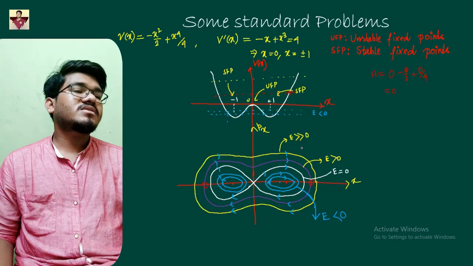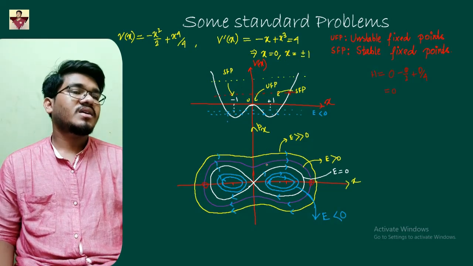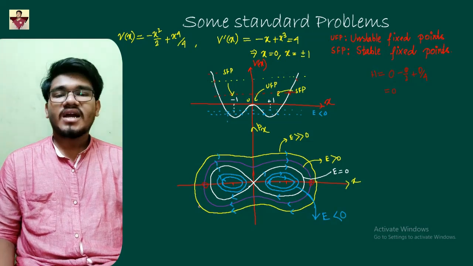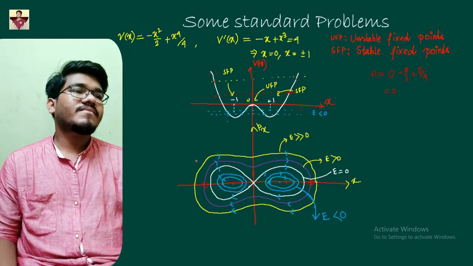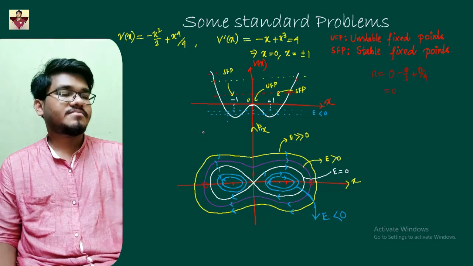Now this yellow line is the curve corresponding to energy which is much greater than 0. And obviously it will cut the curve somewhere here and here. At this point the momentum will be 0 and the curve will look like this. So this is a very interesting curve. You need to know the stable and unstable fixed points, and there is no need to relate p and x with the Hamiltonian every time, right?